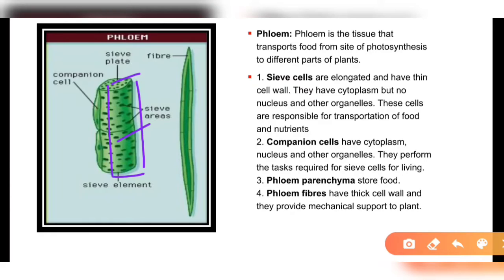Their cell walls are thin and made up of cellulose, and they have perforated plates between them, known as sieve plates, connected through the perforations. Mature sieve tubes are without nuclei, while young sieve tubes have nuclei present in them.